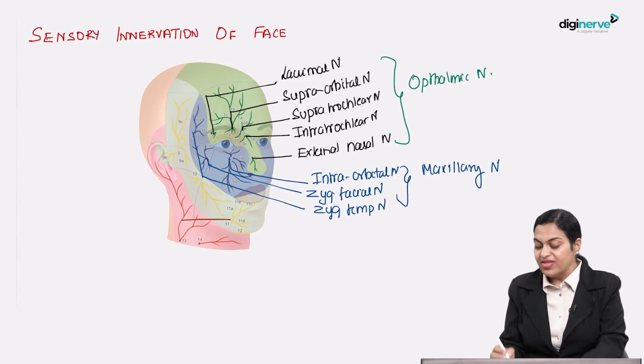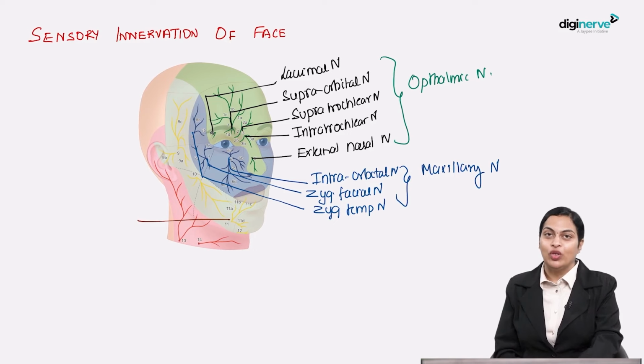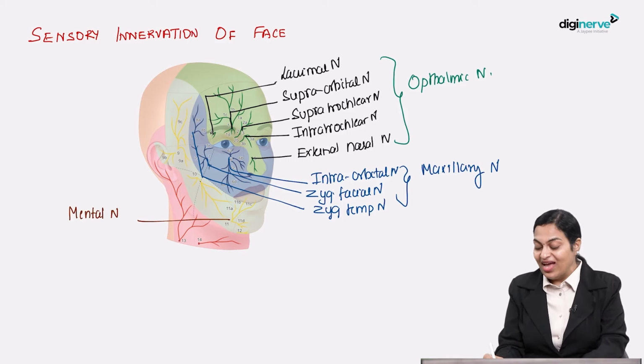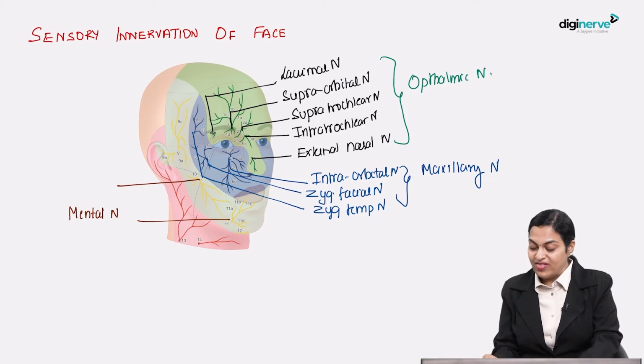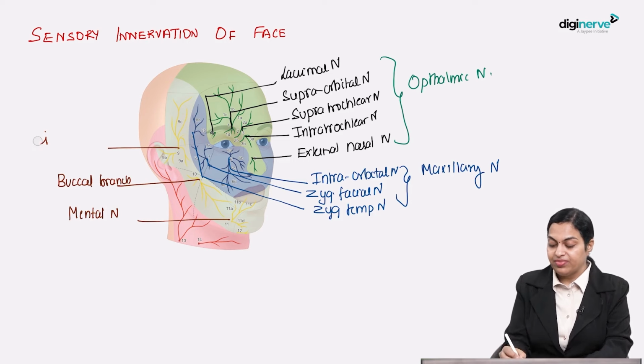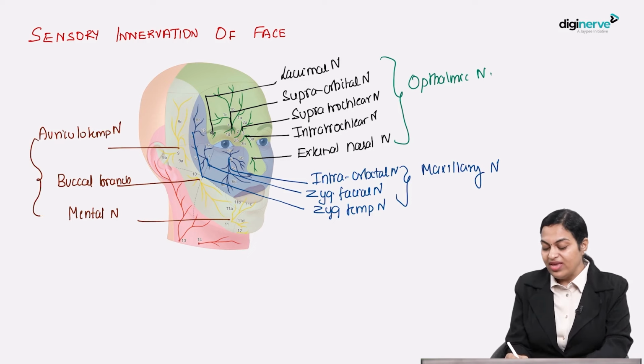Now, this nerve that supplies the skin of the lower lip and the skin of the chin is the mental nerve, right? And this one here, yes, that is going to be the buccal branch. And just above, this is the auriculotemporal nerve. And all these are branches of the mandibular division of the trigeminal nerve.